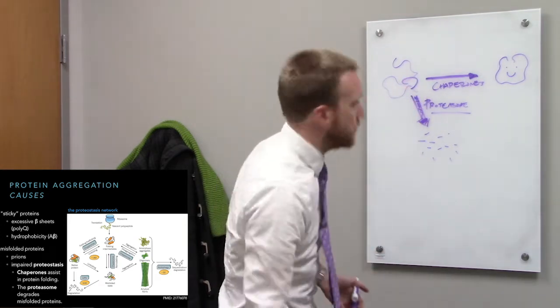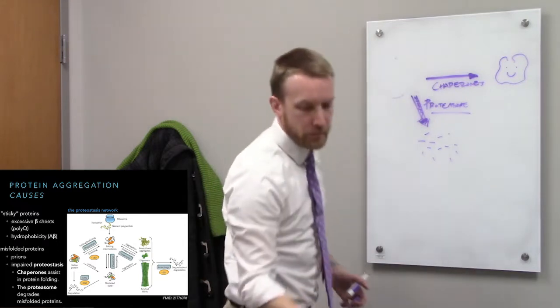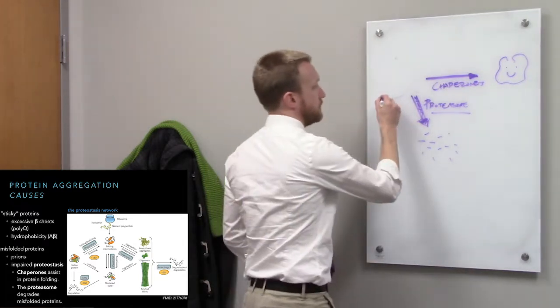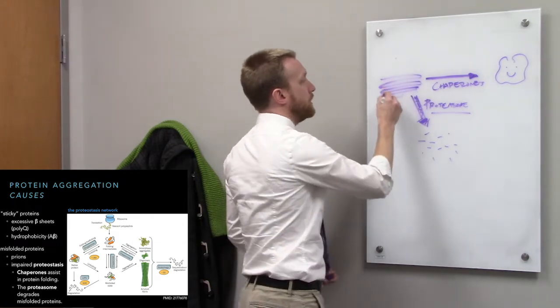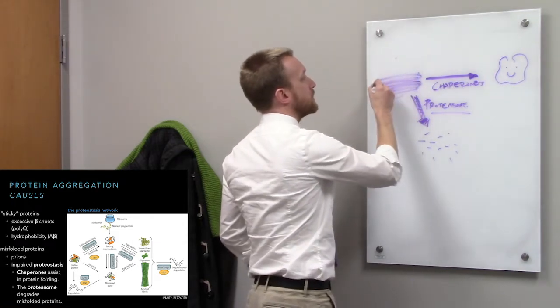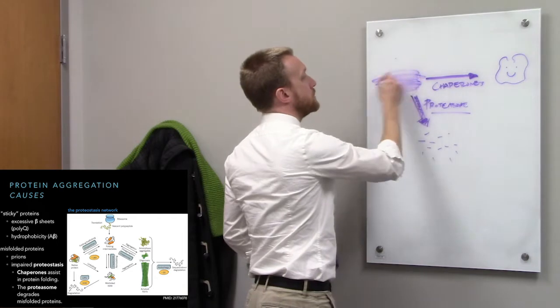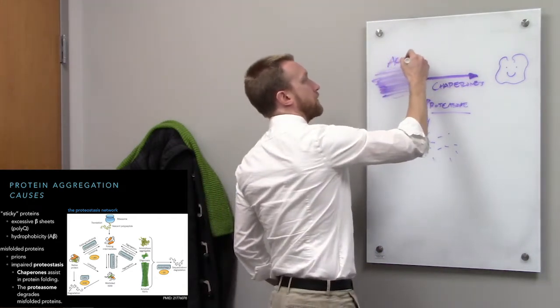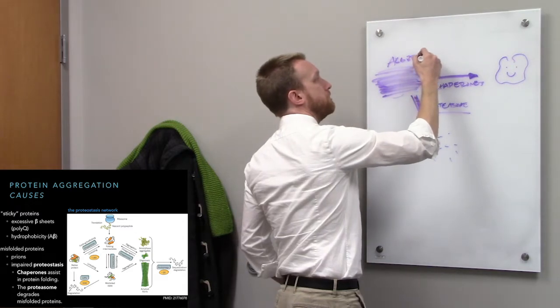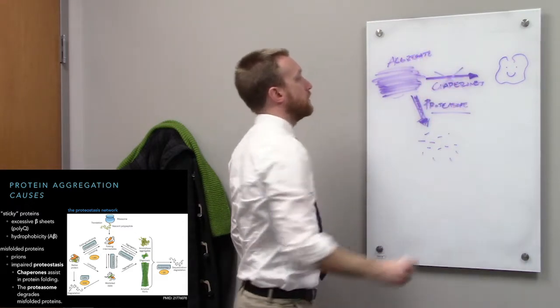Usually these are going to have a bunch of beta sheets in them. So big flat structures that allow proteins to just stack on top of one another. So this is going to be our aggregate. Can't fold that up.